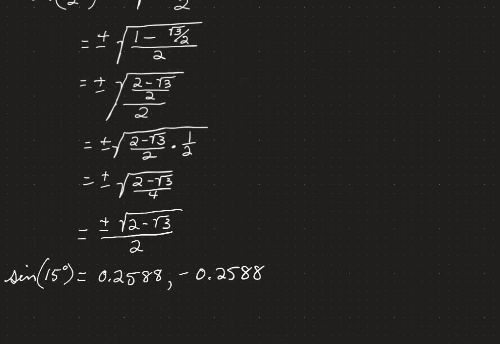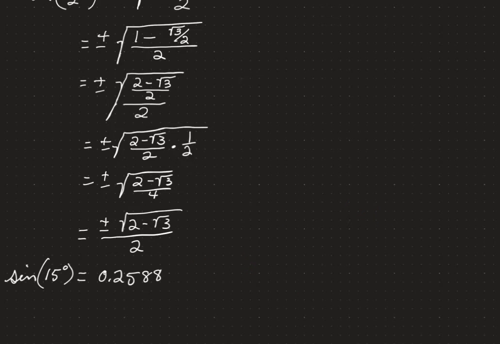Because we want the sine of 15 degrees. This isn't telling us that 15 degrees is a reference angle. It's saying we are looking at 15 degrees, which is going to be in the first quadrant, which means it cannot be negative. The sine in the first quadrant, along with all other trigonometric functions, is positive.